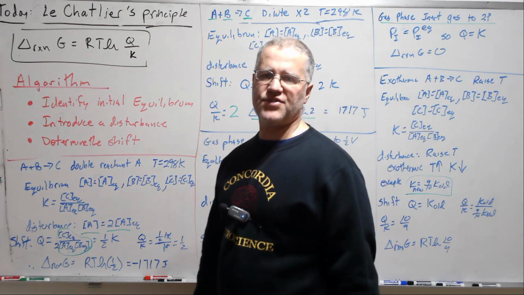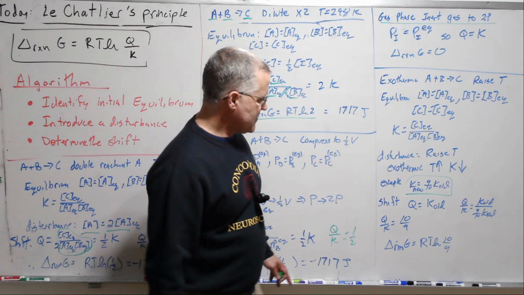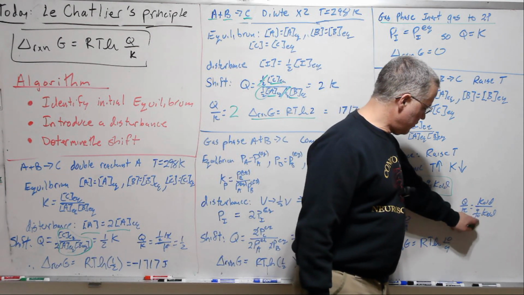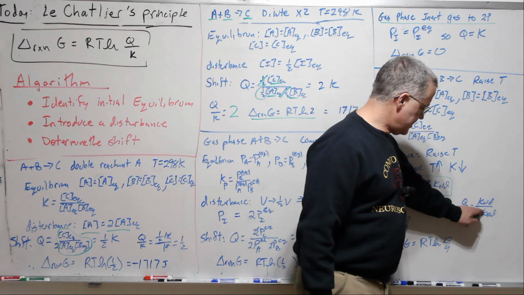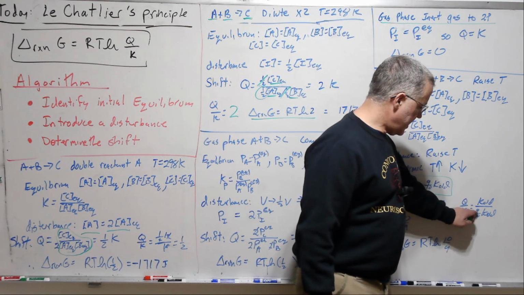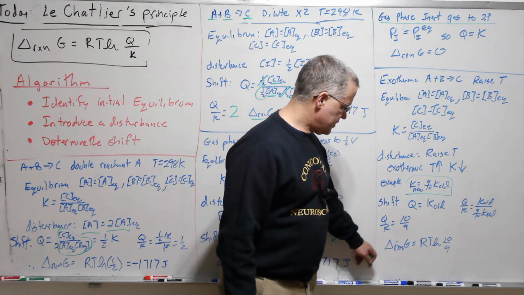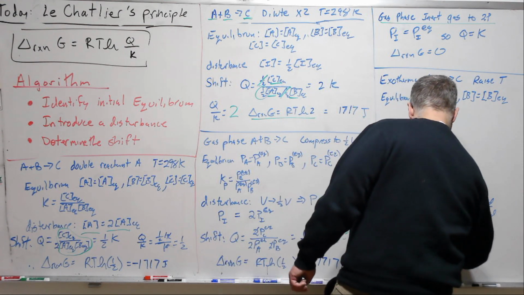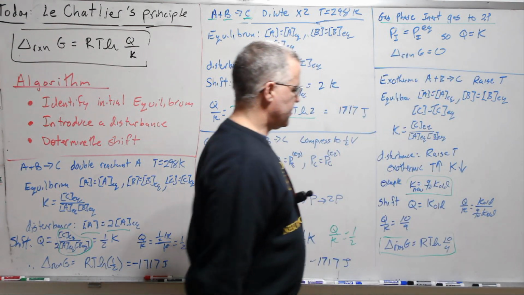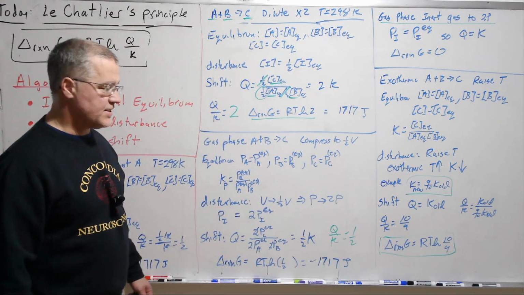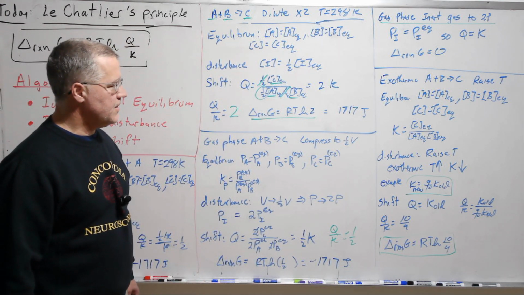So it's 9/10 of the original. Then this is K old over K new, and that is going to be 9/10 of K old. And so Q over K is 10/9. And so this is positive, so this goes backwards.